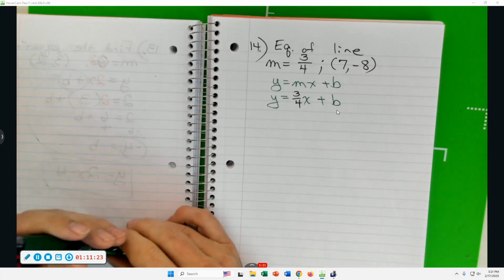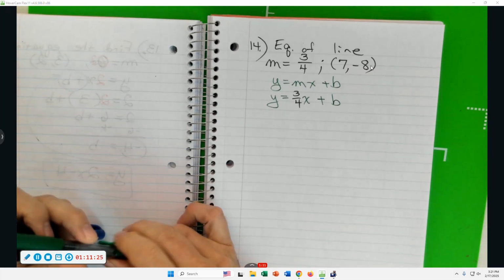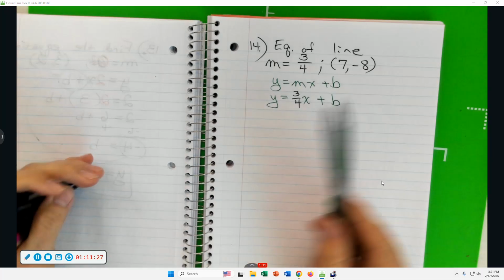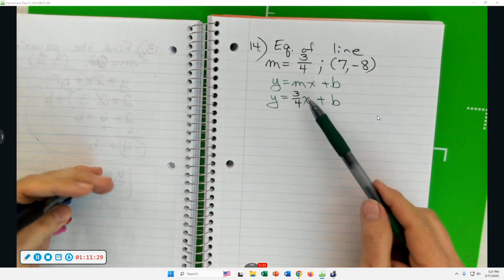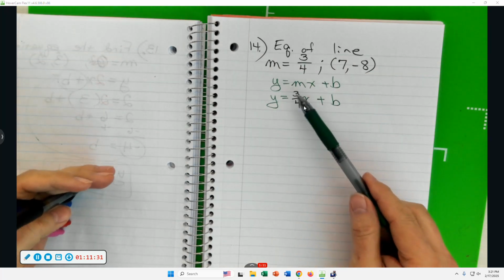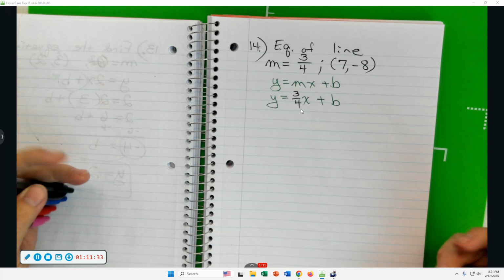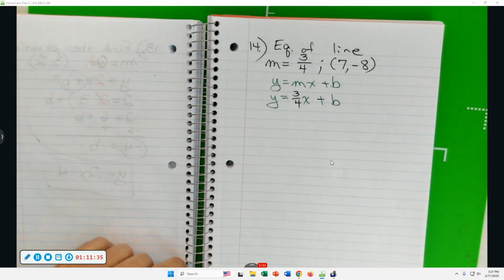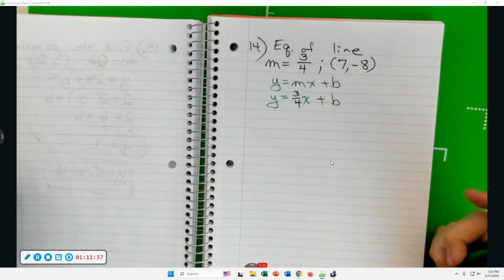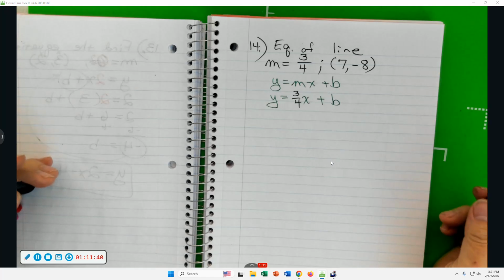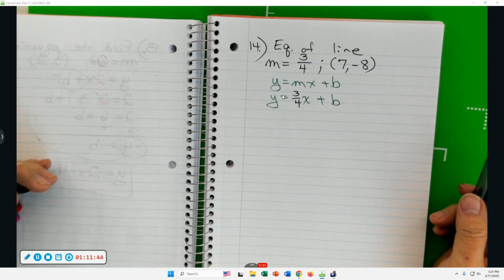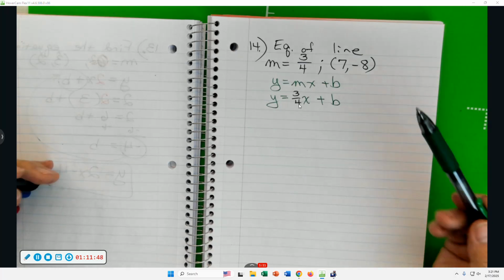They didn't give us b, but they gave us x, y. I don't want to have to plug in a 7 here and then multiply that fraction. Have they learned something about getting rid of fractions? Yeah, I think we have. We've learned how to get rid of fractions from equations. What do I need to multiply straight through by to cancel out that denominator?